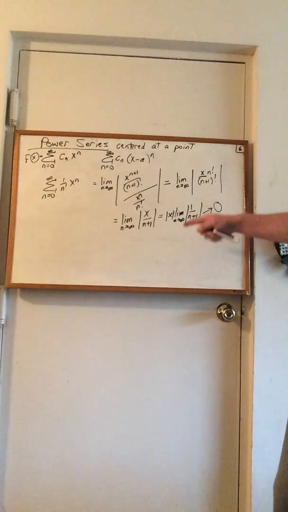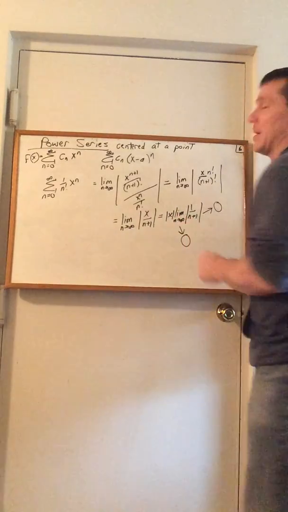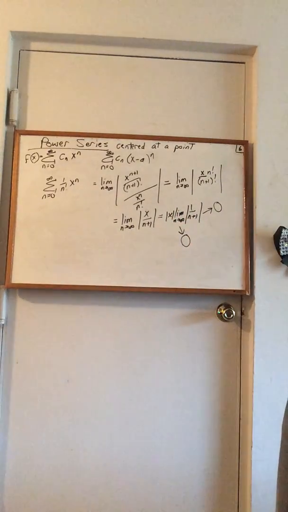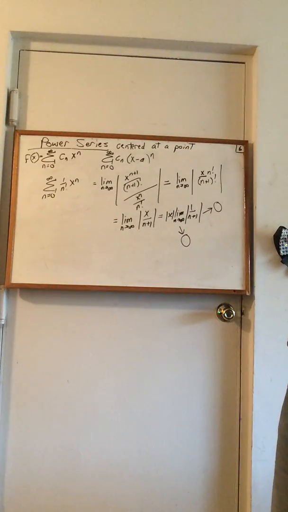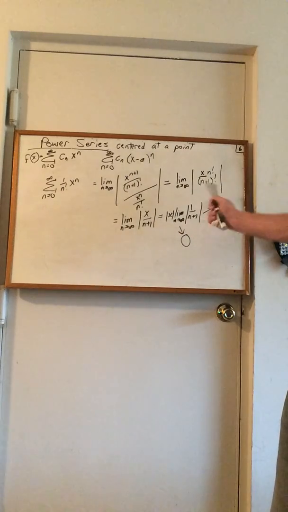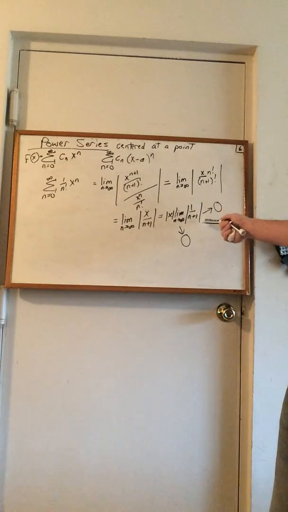Which means in this case, the limit is 0 times x, which is still going to be 0. For the last one we did, the x that we chose dictated whether our series would converge or diverge. Here it looks like the x doesn't actually matter. No matter what x I plug in, I always get a limit of 0, so it should always converge.